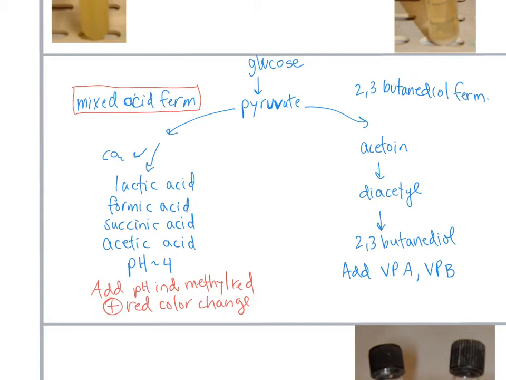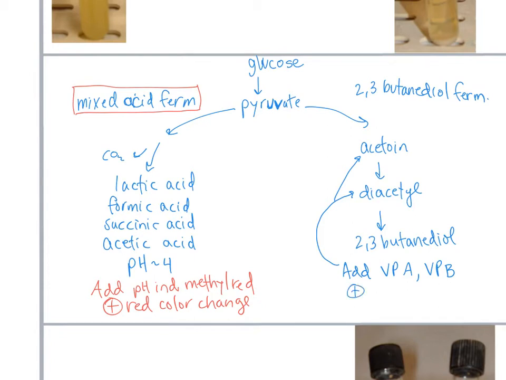And those reagents actually react, whether you say it reacts with acetoin or diacetyl, both is really technically correct. The acetoin actually oxidizes to diacetyl, which reacts with the reagents. So whichever one you say the reagents react with is both correct.